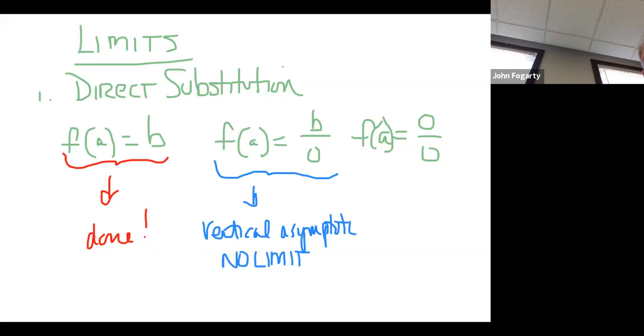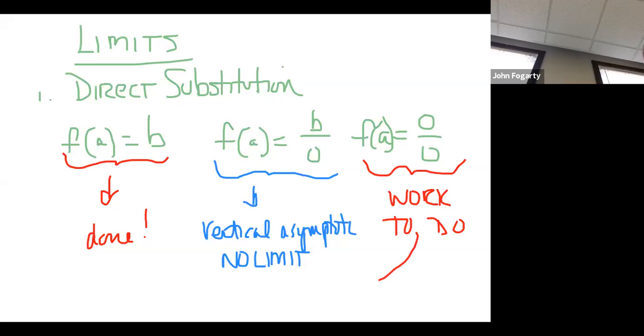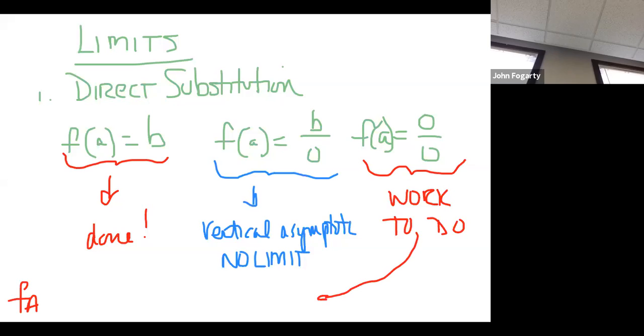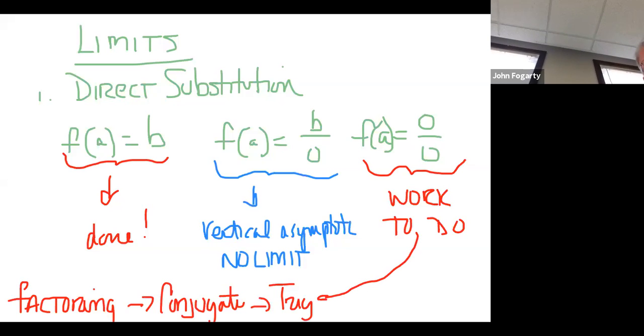If you get 0 over 0, you know you got work to do. And what could that work be? Factoring. Well, for us, it's going to be factoring. Or it could be a conjugate. Or it could be a trig function, trig identities, okay?